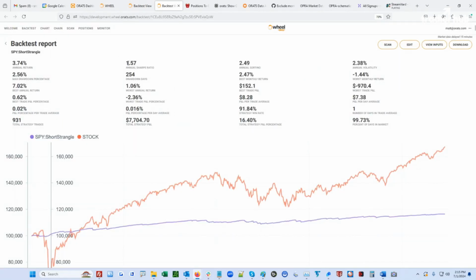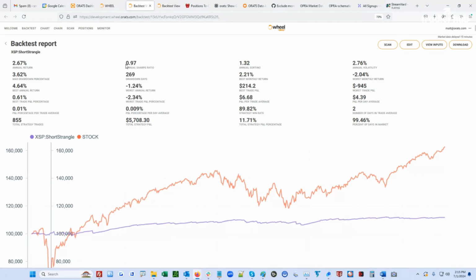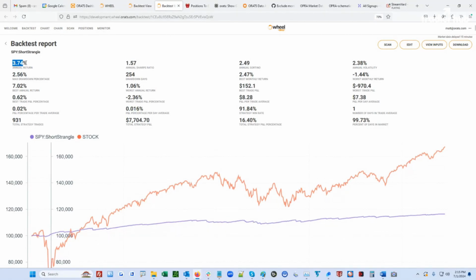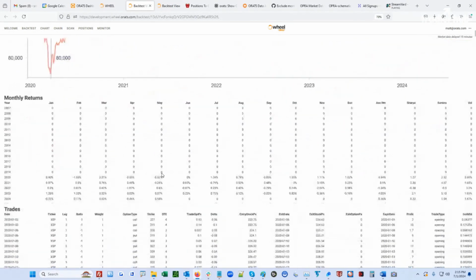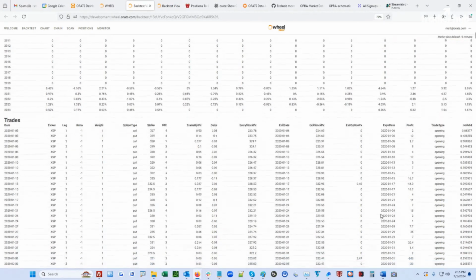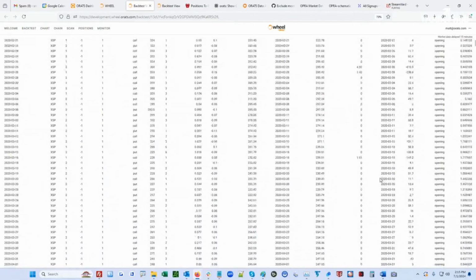You'll see that the SPY has a lot higher Sharpe, 1.57 versus under 1, and a lot higher annual return. And again, this is all because when you're closing out a trade, in XSP, they will expire worthless.